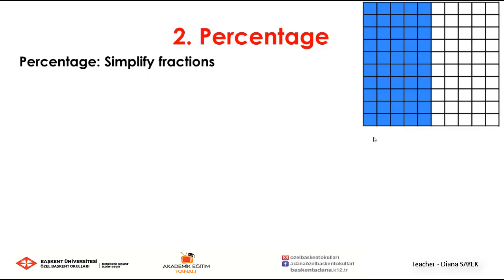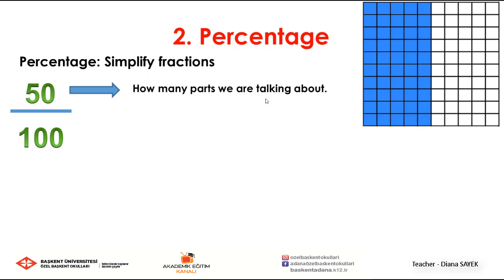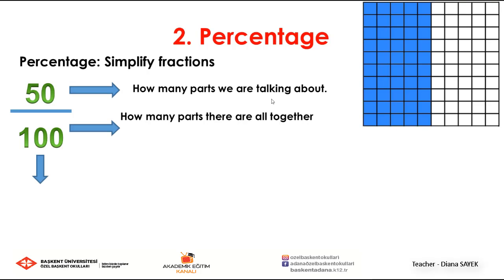We can also simplify fractions to find out the percentages. So here we have a diagram that is showing us 50 squares are colored blue out of a total of 100. Well, 50 squares out of 100 altogether makes 50%.